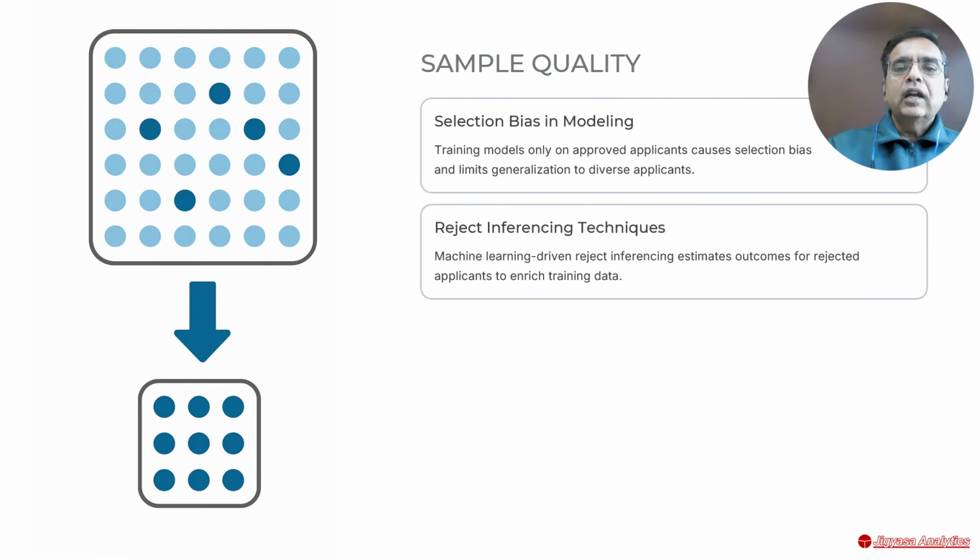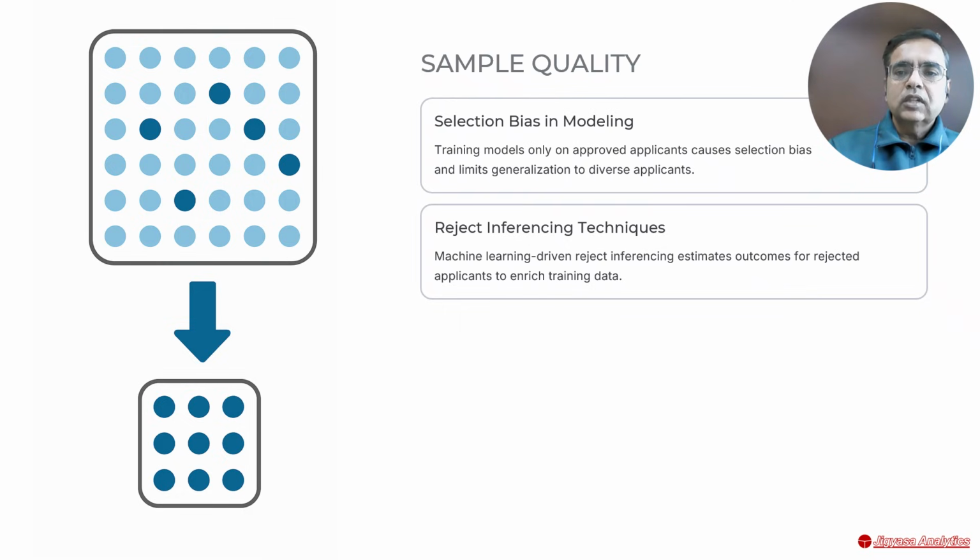Now, there are techniques in machine learning and data science related to reject inferencing, which try to infer the performance of the non-funded group.